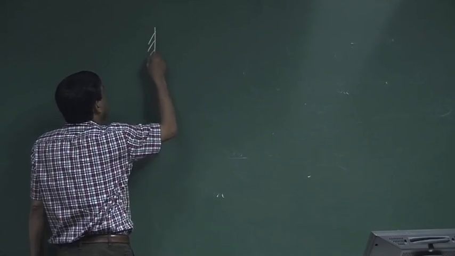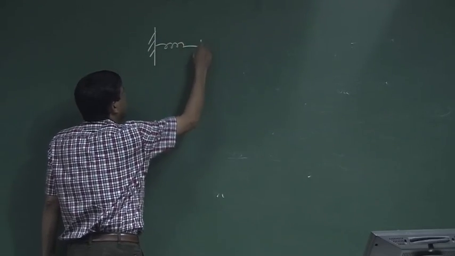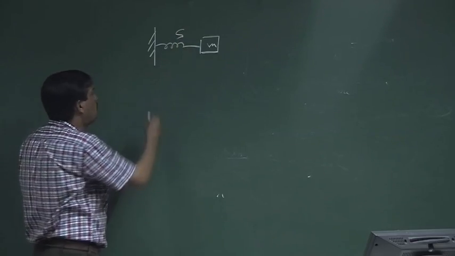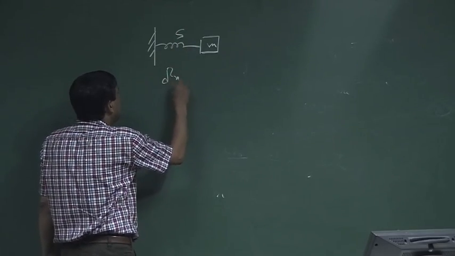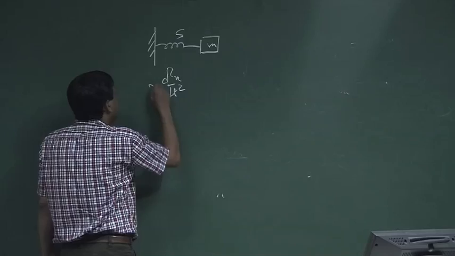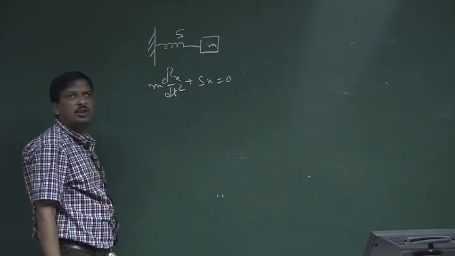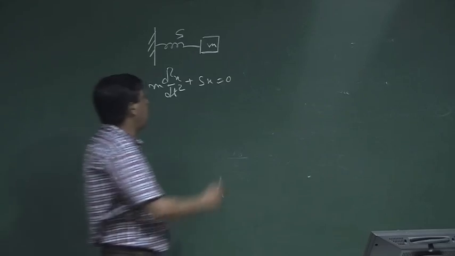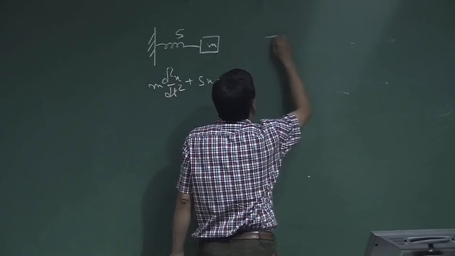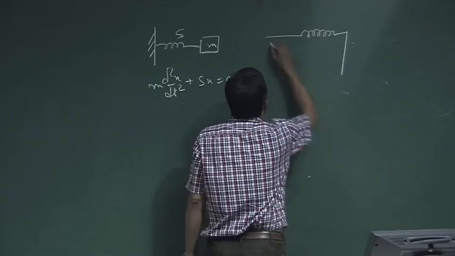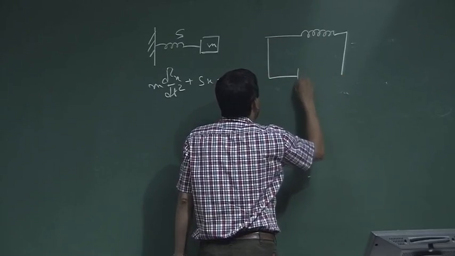If I start with the simple oscillator, with mass m and stiffness S, what is the equation of motion? d2x by dt square plus Sx is equal to 0. Similarly, if I draw a simple LC circuit, there is an inductance and a capacitance.